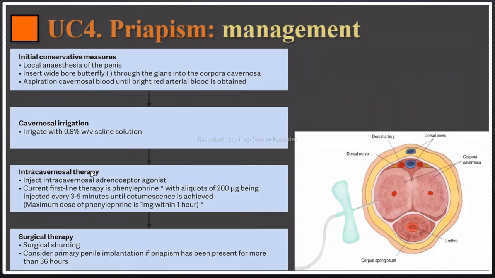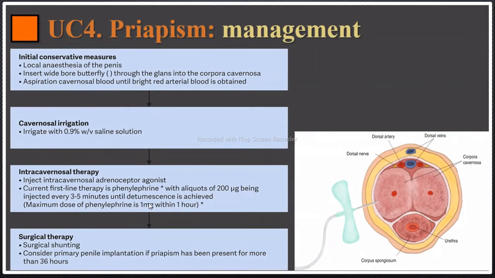Intracavernosal therapy: you already released the blood and released the priapism. After that, you will inject an adrenoceptor agonist. So what is the current first line therapy? Phenylephrine, injected every 3 to 5 minutes.